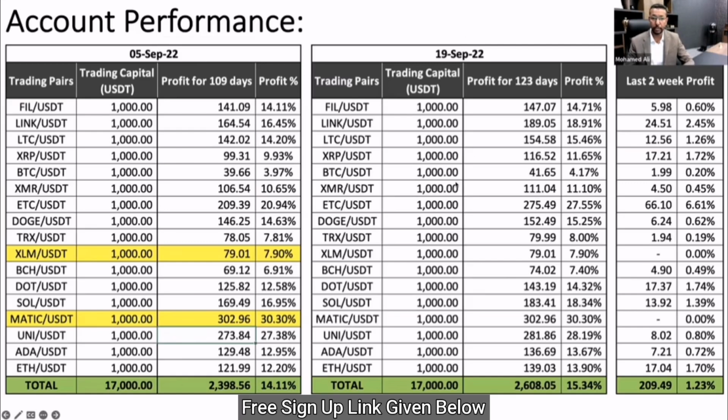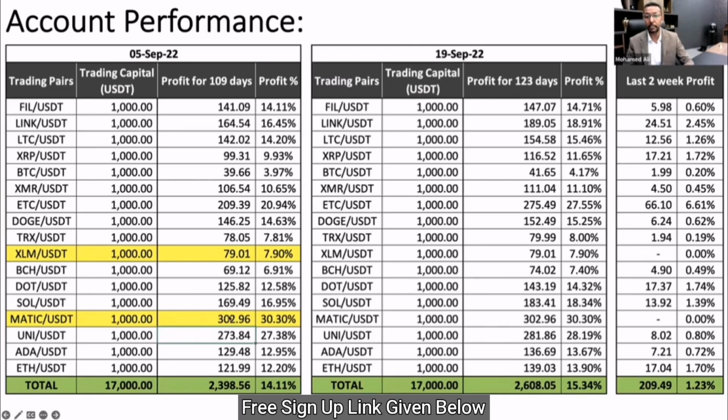Before getting to this, for those two coins that I have highlighted in yellow, there was a mistake in the last call. In the previous review, the numbers were showing a little bit bigger than they were supposed to be. We revised that, and now I'm reflecting the correct figures.